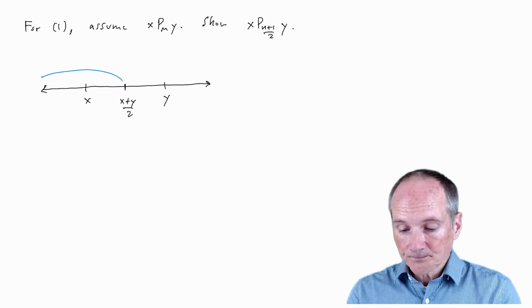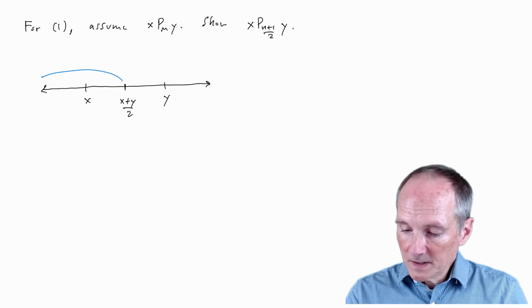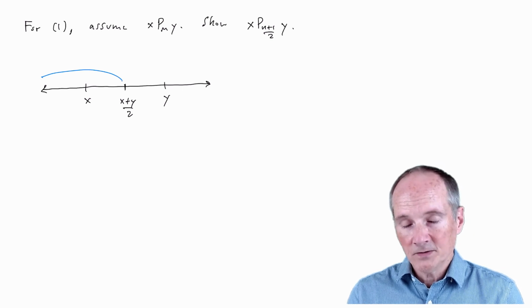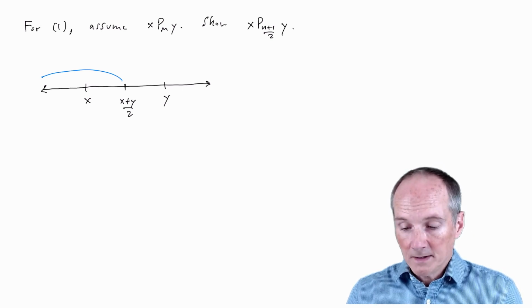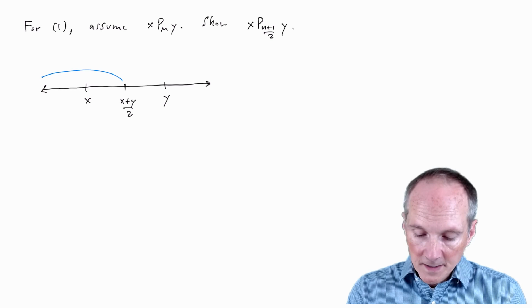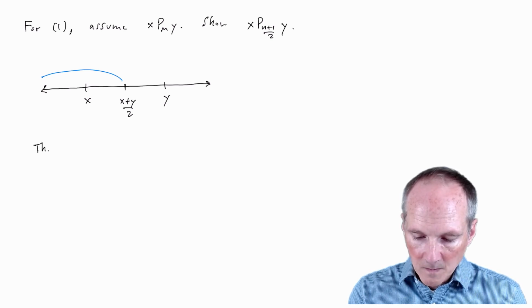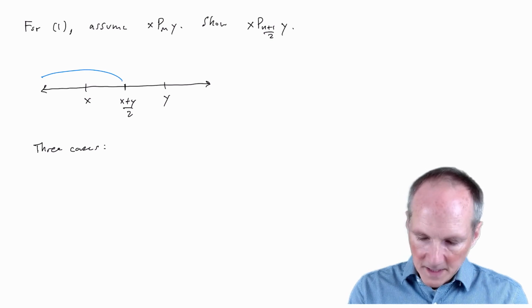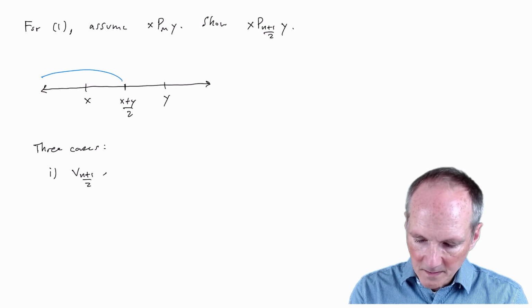Well, the way I'll do this is you can think of it as a proof by contradiction or just a proof by elimination of cases. So what are the cases? Case one would be that the median voter's ideal point is to the left of the midpoint.